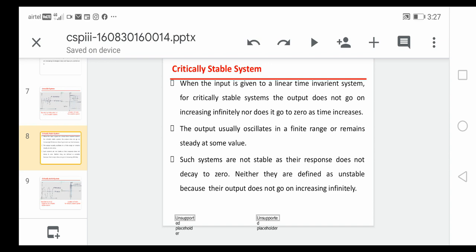The output usually oscillates in a finite range or remains steady at some value. Such systems are not stable as their response does not decay to zero. Neither are they defined as unstable because their output does not go on increasing infinitely. That particular type of system we call a critically stable system.